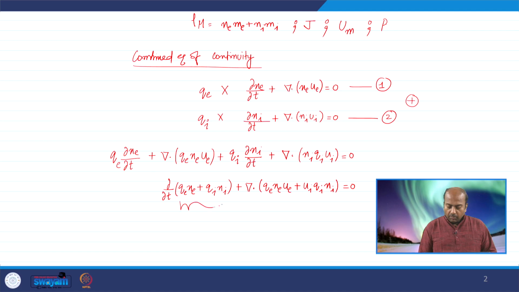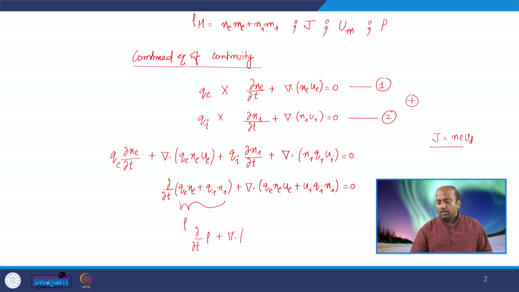Whatever appears within this bracket is the total charge density. Ne is the number of electrons per unit volume, QE is the charge of a single electron. So the total charge contained in this volume becomes the negative charge plus the positive charge. We can substitute this as dou by dou t of rho plus del dot of the term which appears just like the current density, J equals NeVd.